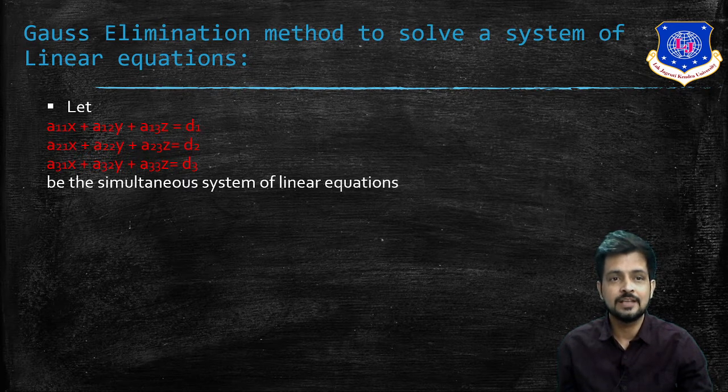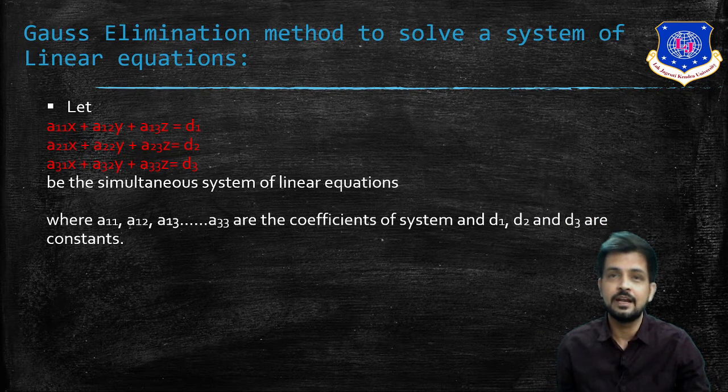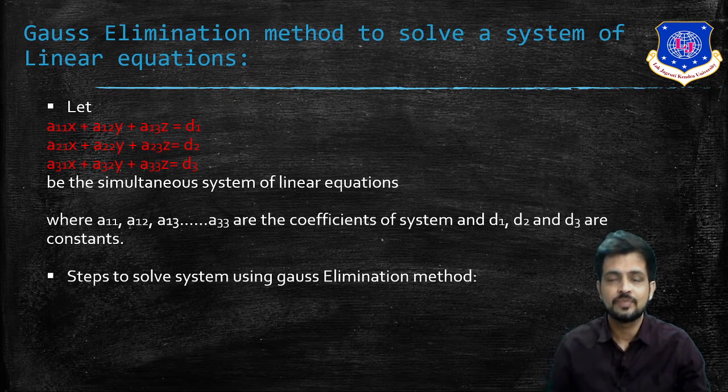Then a21x plus a22y plus a23z is equal to d2. Then a31x plus a32y plus a33z is equal to d3. Let this be the system of linear equations where a11 up to a33 are the coefficients of the system, and d1, d2, d3 are constants.